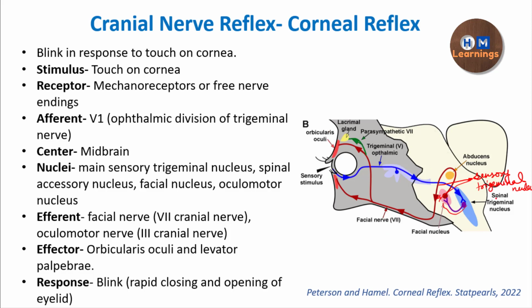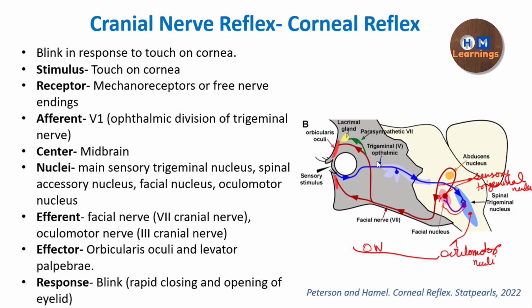Now, this diagram is not showing it, but from the spinal trigeminal nucleus, projections will also go to the oculomotor nuclei, and from there the oculomotor nerve will start, going to the levator palpebrae to cause the opening of the eyelid.